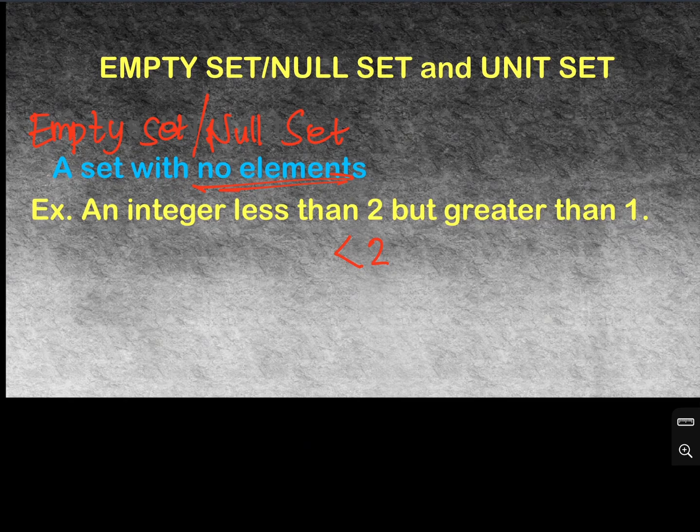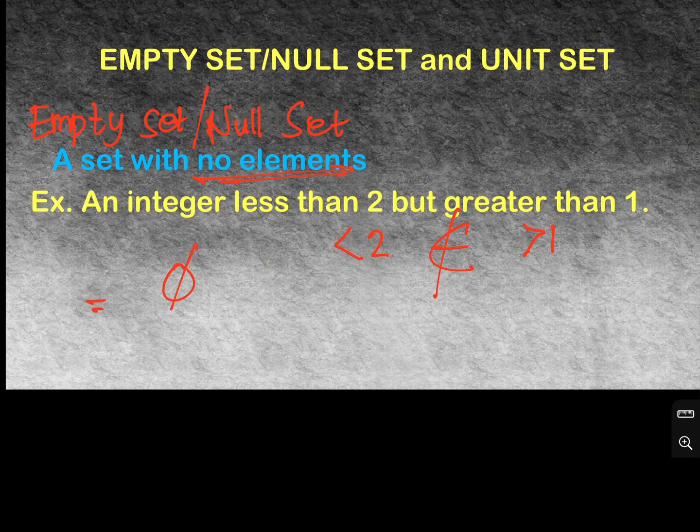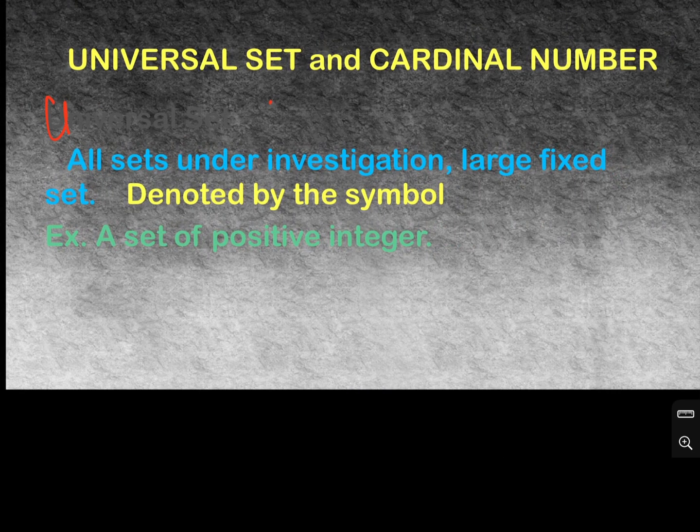We cannot say that 1.5 is an integer because by definition integers are only whole numbers. So the answer is empty. Empty is denoted by 0 with a slash, or the empty brackets themselves.